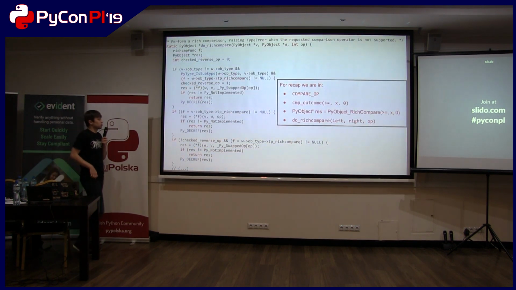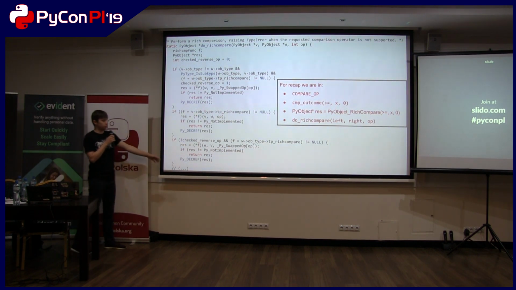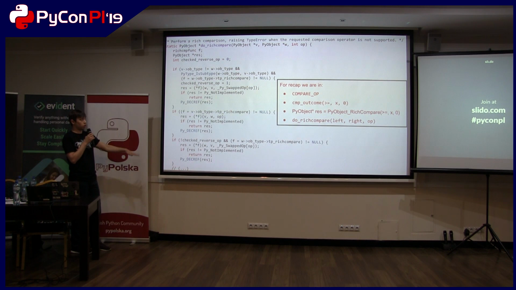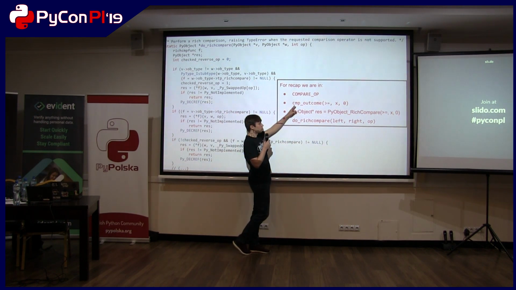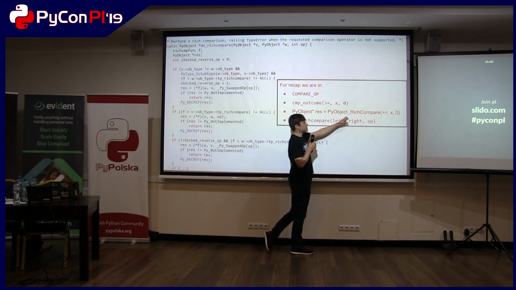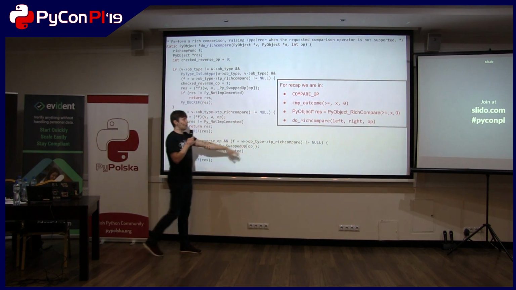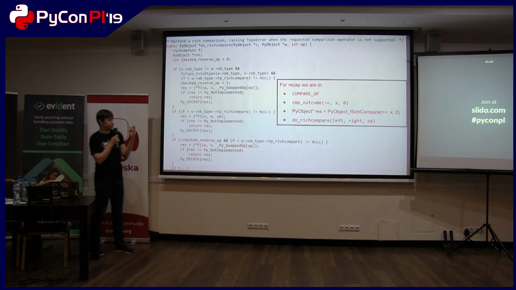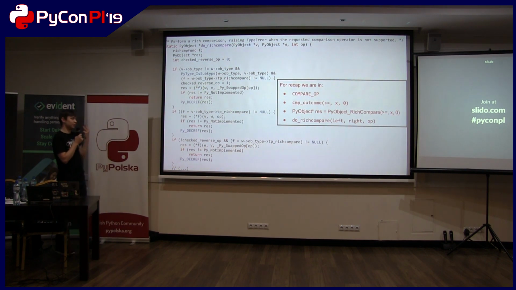So the do reach compare is a bit long, so here is a comment that I put here. Just notice that there is more code, so it fits two sides. But for recap, we are in compare op that's called CMP outcome. This called PyObject reach compare, and this called do reach compare. So there are already three compare functions that are being called, and that's not everything yet.